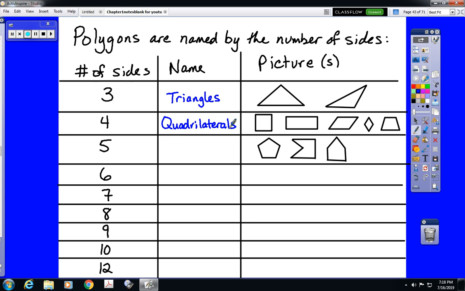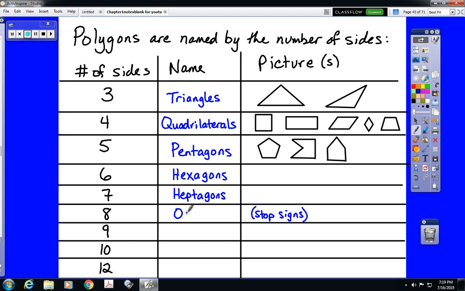5-sided polygons, there's a couple examples over here of various 5-sided polygons. Those are known as pentagons. Penta meaning 5. 6-sided are hexagons. 7-sided are heptagons. 8-sided, big example we see out in the world.